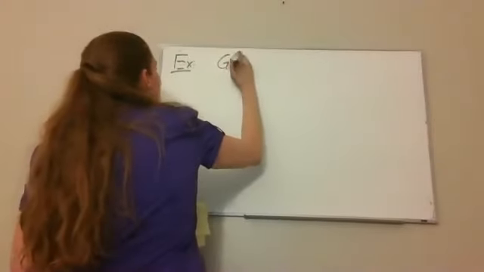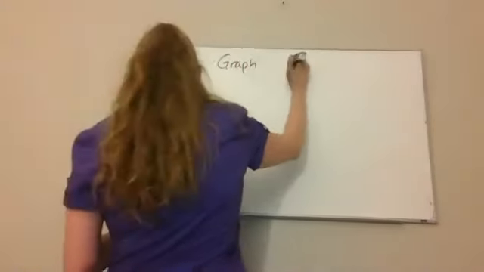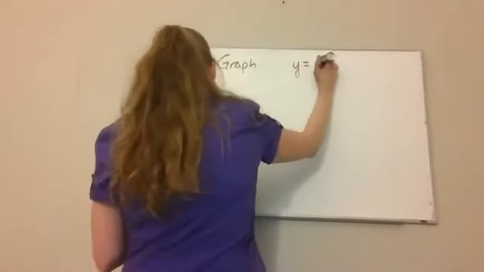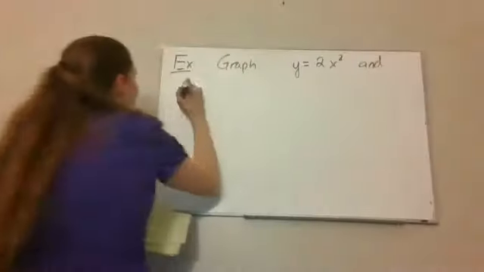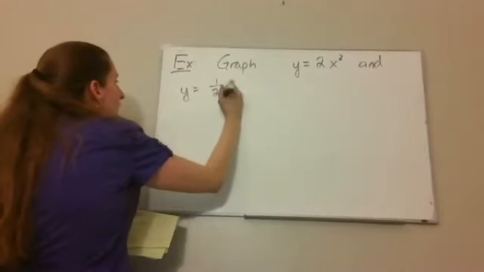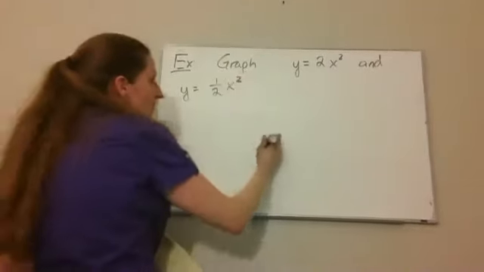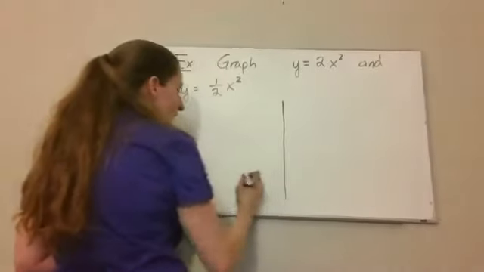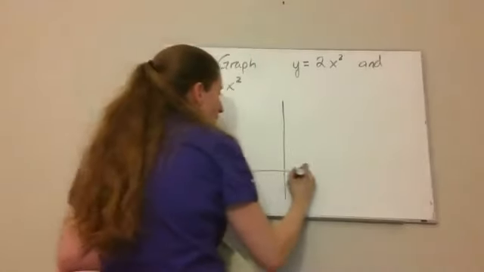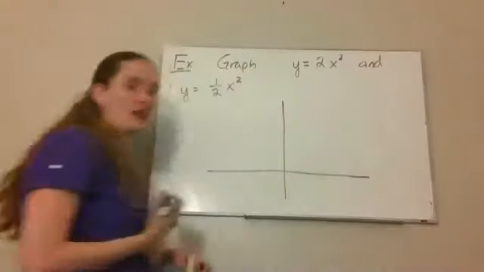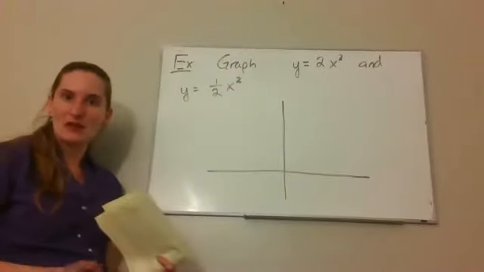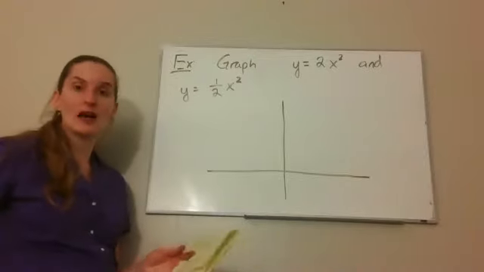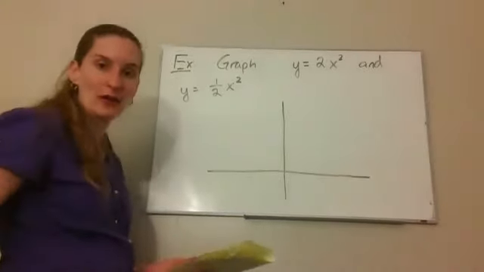So we're going to graph both y equals 2x squared and y equals 1/2 x squared. The first thing you should be wondering is, what is the basic graph that I'm transforming here? Well, they both have an x squared in them, so you know that your basic graph is going to be our quadratic, just the x squared graph.